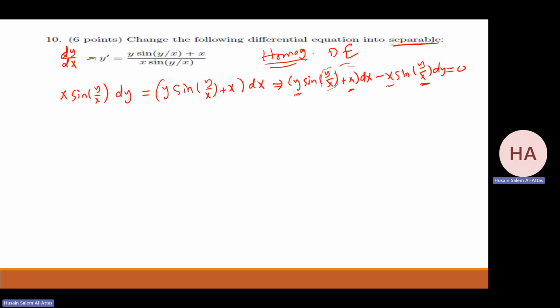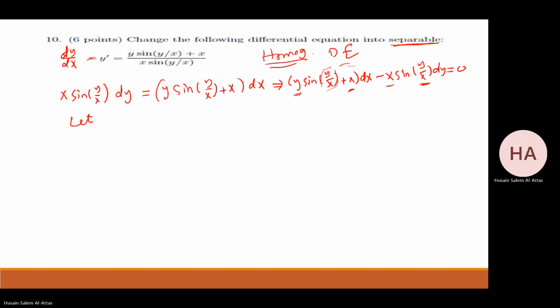Now, I think I will deal with dy. So I let y equal ux. So dy will be u dx plus x du. Plug it in.